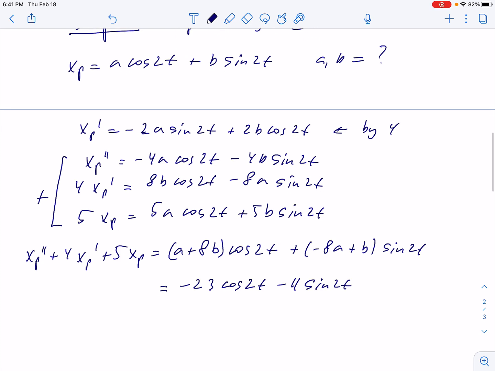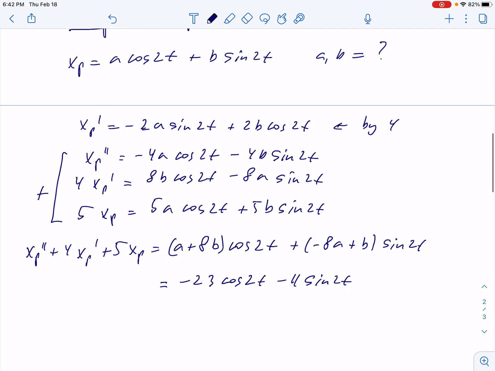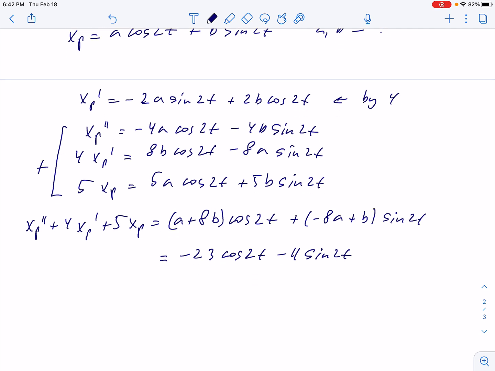If this is fulfilled, if we choose A and B such a way that this will be true, then we have a good particular solution. XP will be a particular solution. So now we have to determine what A and B are in order for this to be true. So we compare coefficients.